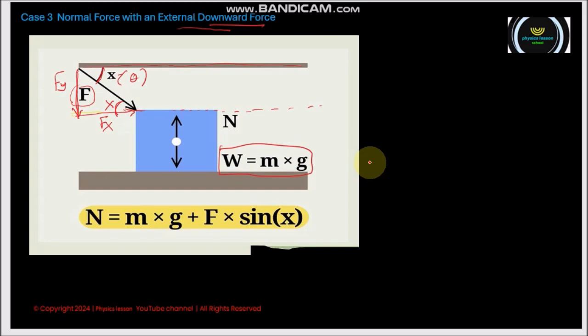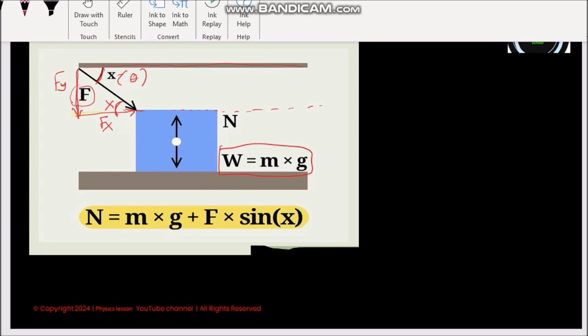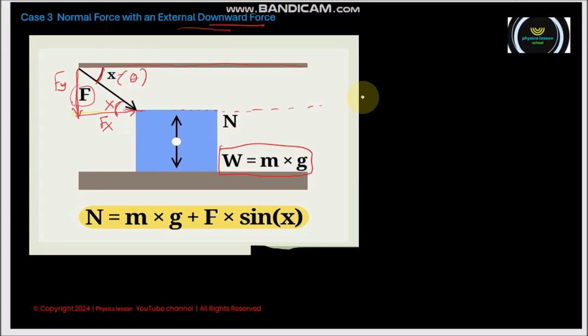So this force is decomposed with a downward force. The downward force is not directly F, we have angle x or theta. So let's add all the forces first.